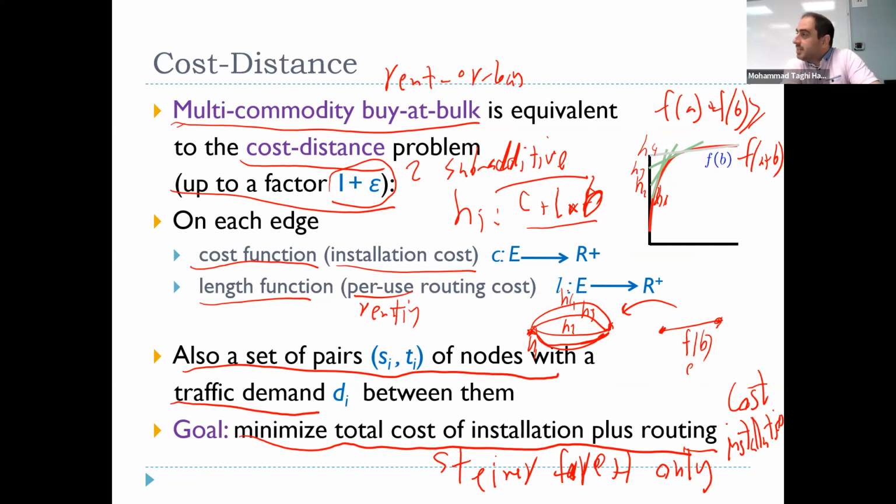Each edge had some cost c_e to buy it, and then it had some length. This length essentially is the one it has, and that times the demand. So this is per usage. If you have a larger length, then you need to pay more per unit.